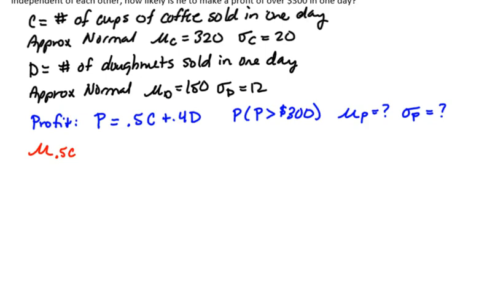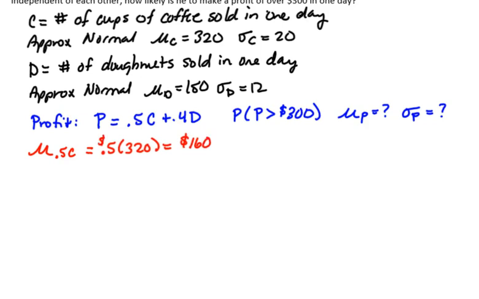In other words, what is the mean of the total profit on the coffee? Well, we know that if you multiply a random variable by a constant, you just multiply its mean by the constant. So this is going to be 0.5 times 320, or $160, because this is in dollars.